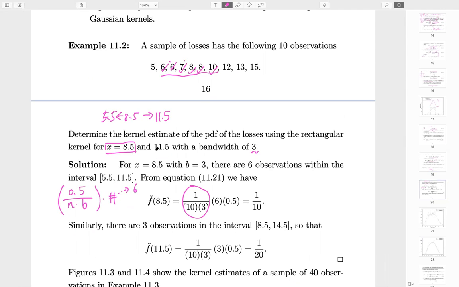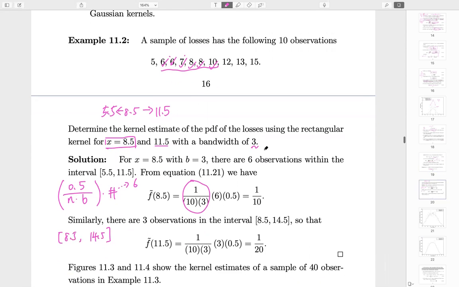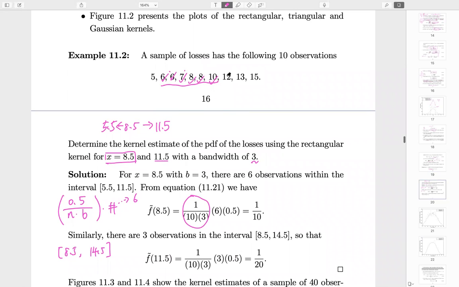The next one is 11.5. So the interval would be 8.5 to 14.5, right? Then you count how many points you have. So let's see. 1, 2, 3. So you only have 3. So it will be half of the value you have. So it's very easy, right? So this part is always fixed. The only thing you need to do is to figure out how many observations fall under this interval.